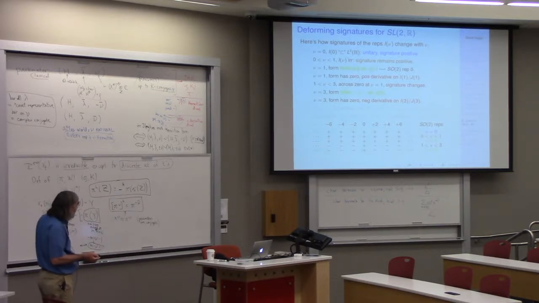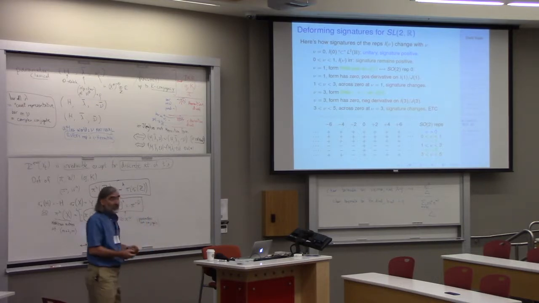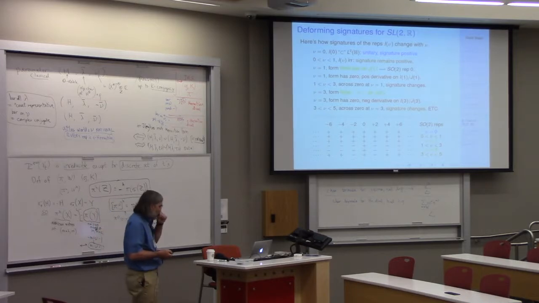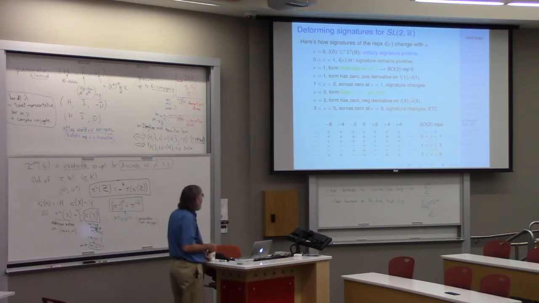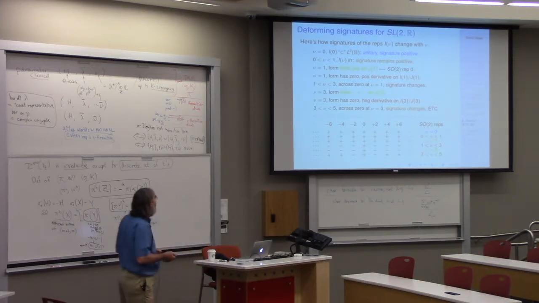And so the form changes sign. So all these minuses at 4, 6, 8, and so on become pluses, and that's what the signature is in the next range. So that's the idea of what's going on with this computation. That's the end of the slides that I prepared properly.